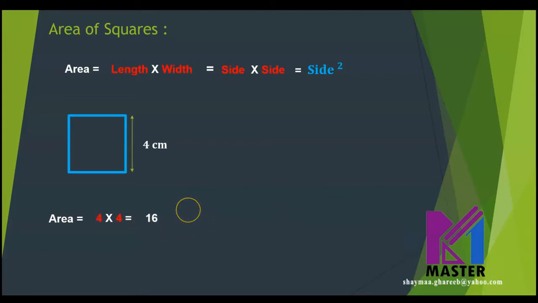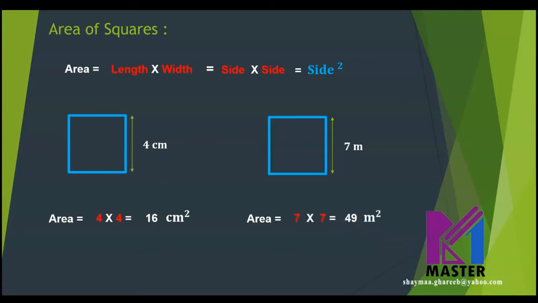And the unit here will be centimeter squared. What about the second one here? Same exactly, but different unit. 7 meters. So the area will be 7 times 7, or 7 squared, which is 49 meter squared.